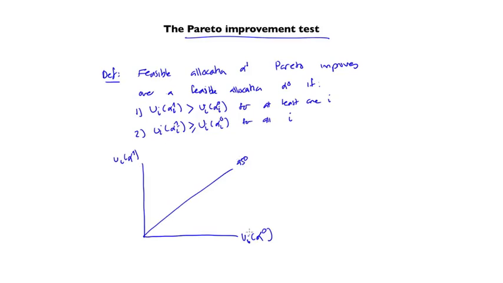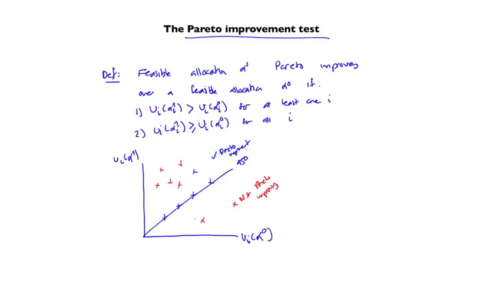For alpha 1 to Pareto improve on alpha 0, nobody can be below the line in this quadrant. So an allocation that has a bunch of people there and only one, let's say here, strictly better off, is a Pareto improvement. But if you have an allocation that has almost everybody better off, but one person worse off, that is not Pareto improving.